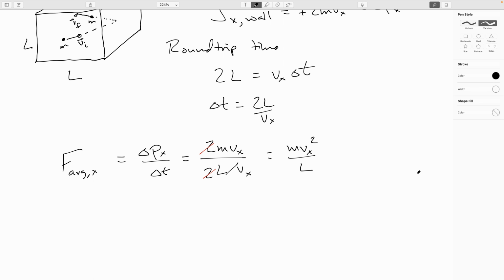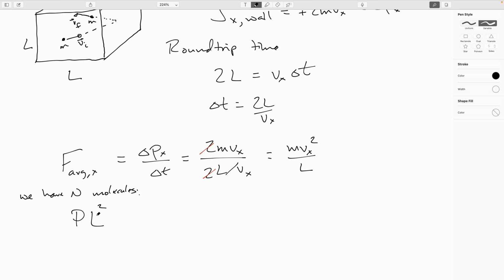Now, by definition of pressure, this force is going to be equal to the pressure that the gas is exerting on the wall, for my one molecule of gas, times L squared. Now, realistically, we have more than one molecule. So at this point, we're going to say we have capital N molecules.